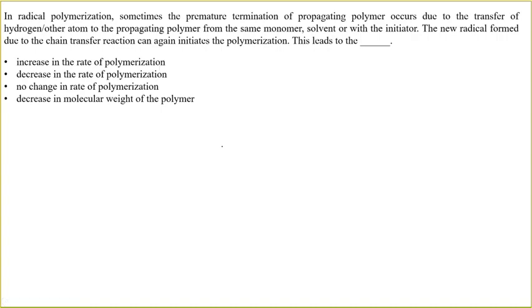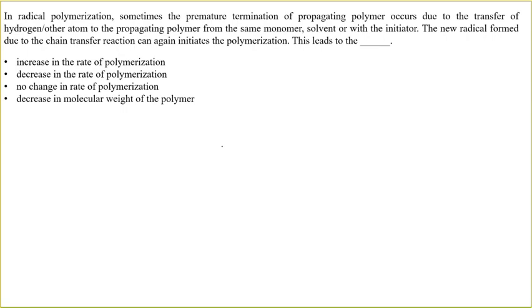In radical polymerization, sometimes the premature termination of propagating polymer occurs due to the transfer of a hydrogen or other atom to the propagating polymer from the same monomer, solvent, or the initiator. The new radical formed due to the chain transfer reaction can again initiate the polymerization.